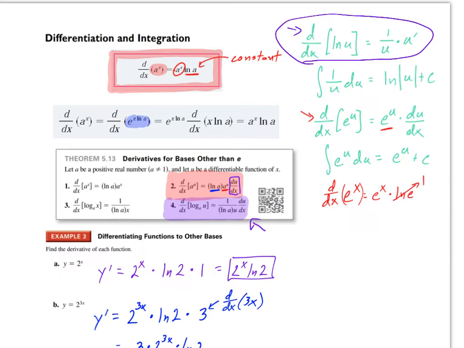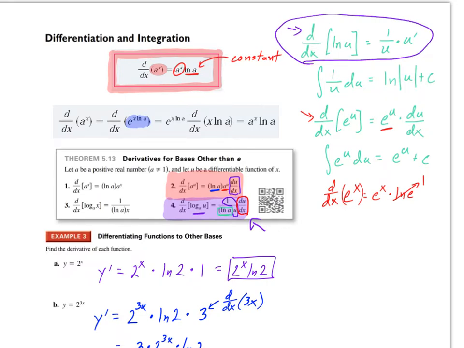The derivative of the natural log was 1 over the input times the derivative of the input. Well, this is not too different. The derivative of log base a is 1 over, look where I'm circling here, 1 over u, 1 over the input, and then we have, again, the derivative of the input attached to it. The only addition is this extra factor of ln of a in the denominator with the u.